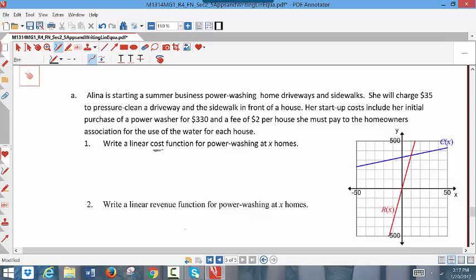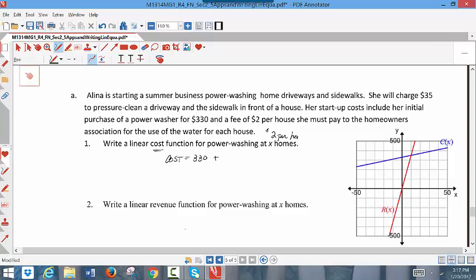Okay, what is her cost to start this business? Her cost is the price to buy the power washer, and then it's $2 per home, because she's got to pay to use the water.